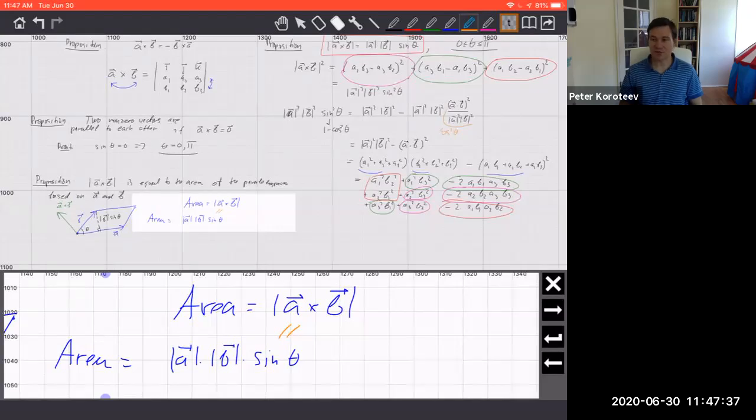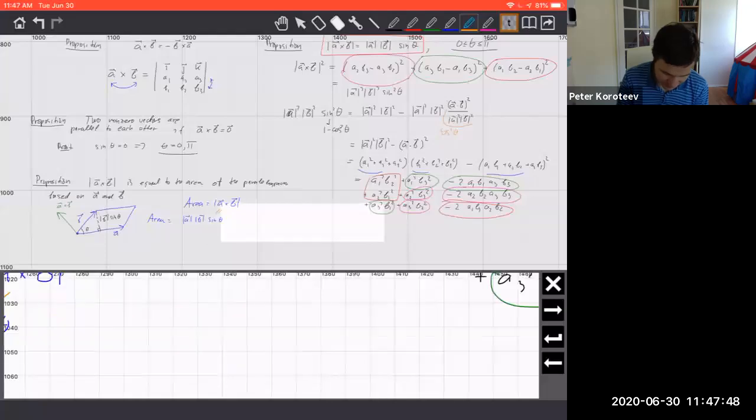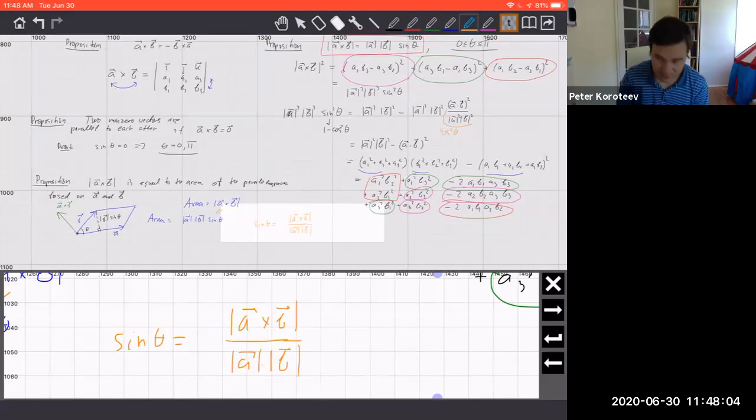If you want to use this formula to find the angle, like we did with the cosine, you could do that. So what Cameron is alluding to: say you know the area, then you can find the sine of the angle by inverting that. So sine of theta is the absolute value of A cross B divided by the absolute value of A times the absolute value of B. Yes, that is true.